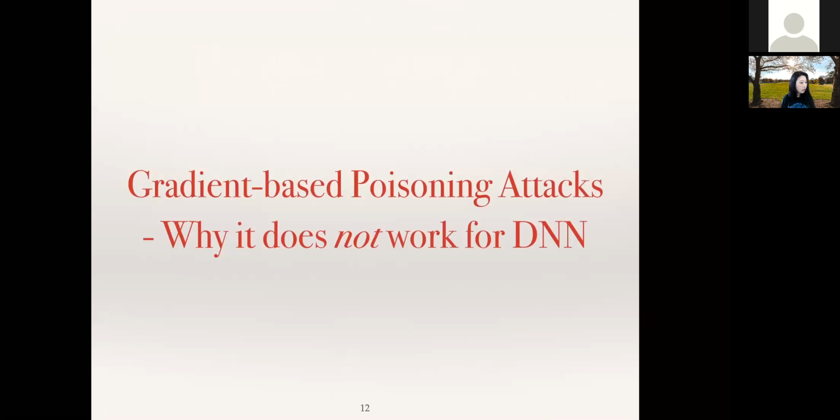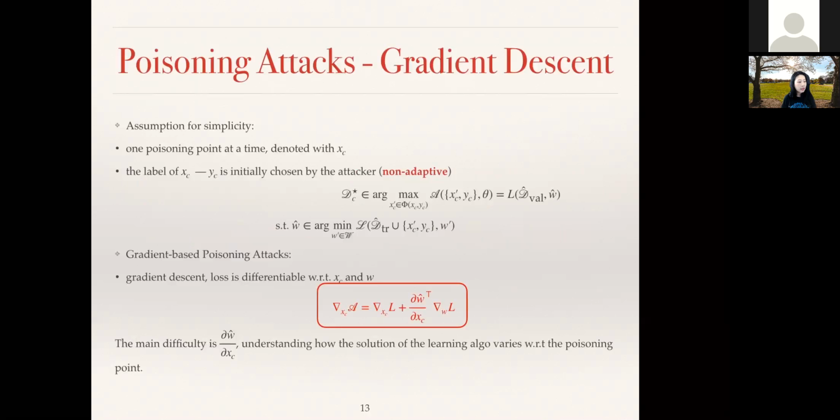So firstly, we talked about the gradient-based poisoning attack, and we also wanted to talk about why it doesn't work for DNNs. We said, through some careful manipulation of the gradients, we realized that the gradient of the attacker's objective with respect to x_c can be written in this form, right? But the difficulty here is that it also depends on the w hat, which is learned by the learner, if you're imitating the learner as an attacker.